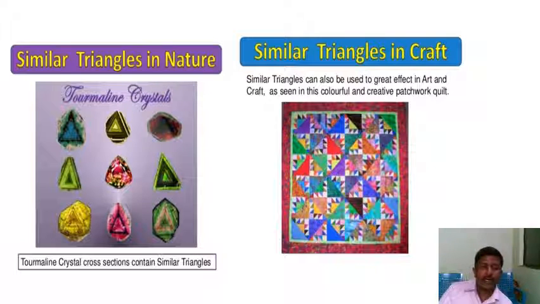In nature, there are also similar triangles. This is the tourmaline crystal cross section containing similar triangles. This one is one triangle, another this triangle. In craft also, similar triangles can be used to great effect in art and craft, as seen in this colorful and creative patchwork quilt.